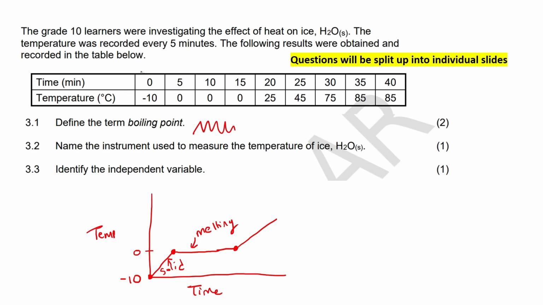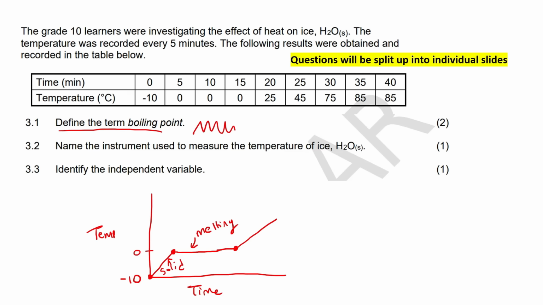So the first question says, define the term boiling point. Now, of course, we know what boiling is, right? If you want to make some food, let's say you want to boil the kettle. What's in the kettle in the beginning? Liquid water. Then you put the kettle on and the water begins to boil, and if you look on the outside of the kettle, there is steam coming out.